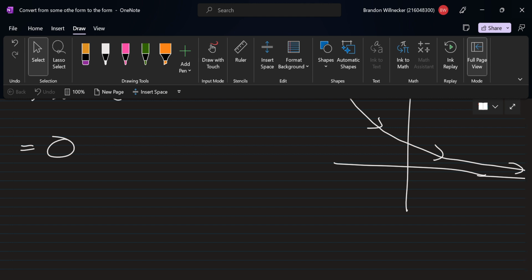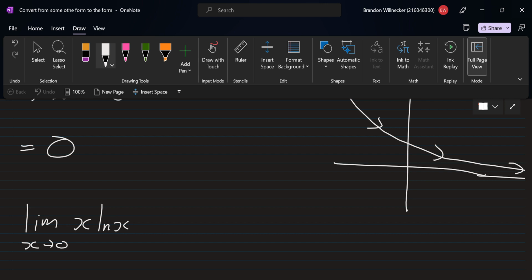Okay, last one. We have the limit as x goes to 0 of x natural log of x. Okay, again, we've got a product. We look at them separately to see what the limiting behavior is. For the first one, we have just x. As x goes to 0, it goes to 0, so nothing surprising there.